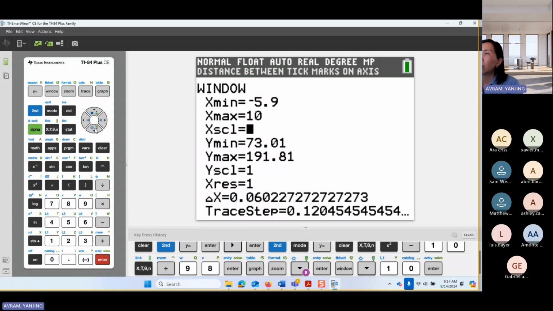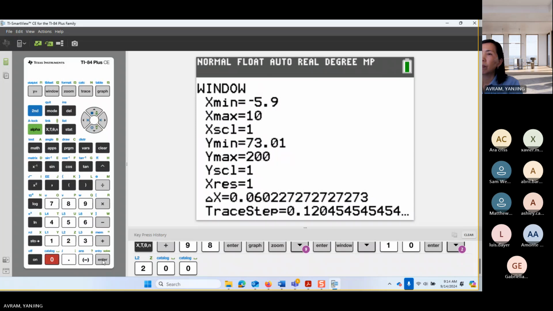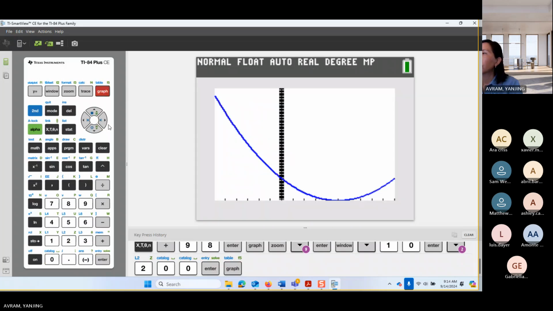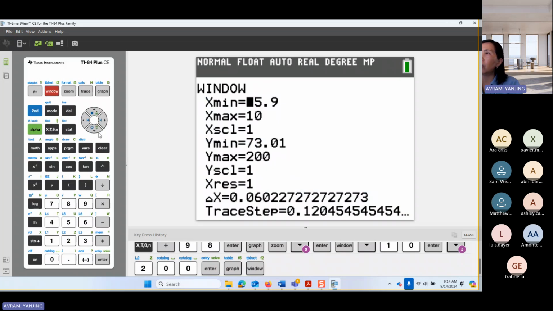Okay, this one is a really big one. All right, so we still can't see the entire graph right here. So maybe I want to increase my x a little bit more.